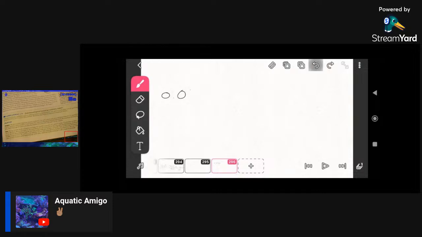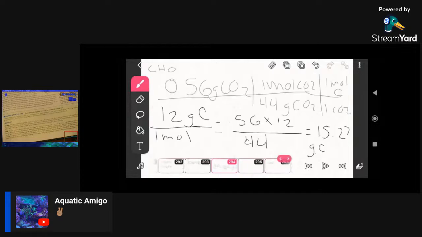Nope, wrong. Is it right? Oh, I forgot a 1 right there. My bad, guys. 0.561. I forgot the 1 right there. So that might throw my calculation off a little bit.